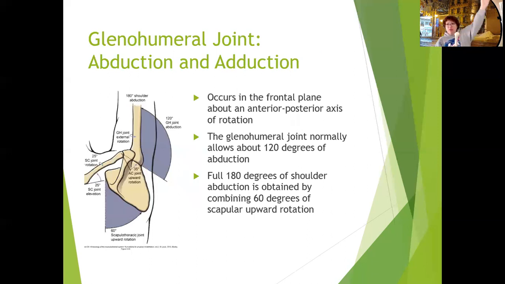I don't think my left shoulder is going to do that. It's not quite back to normal yet, but we get 120 degrees from glenohumeral motion, and then we have to borrow 60 degrees from scapulothoracic motion to get up to that full 180.